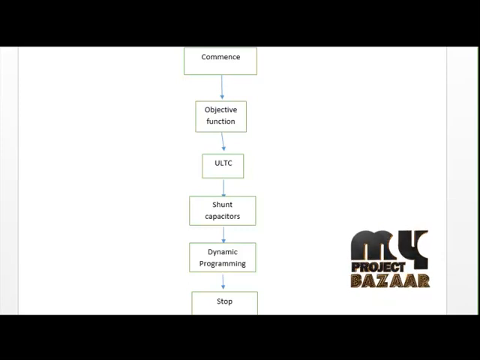Therefore, we can roughly think of dynamic programming as an intelligent brute force method that enables us to go through all possible solutions to pick the best one. Then the next step: if the dynamic programming is applied, we get the optimal solution. If we don't get any optimal solution, then go back to the first objective function process.